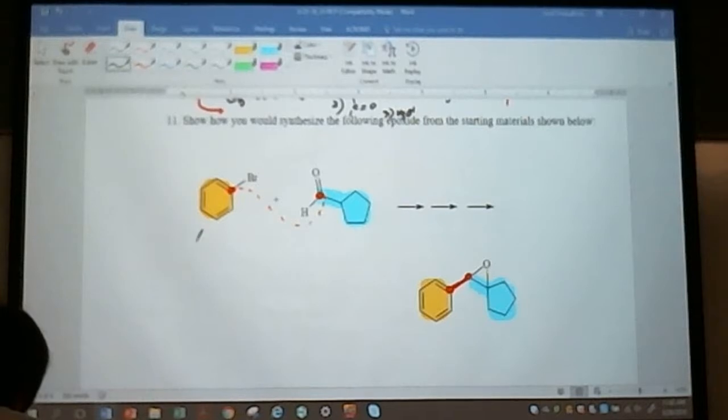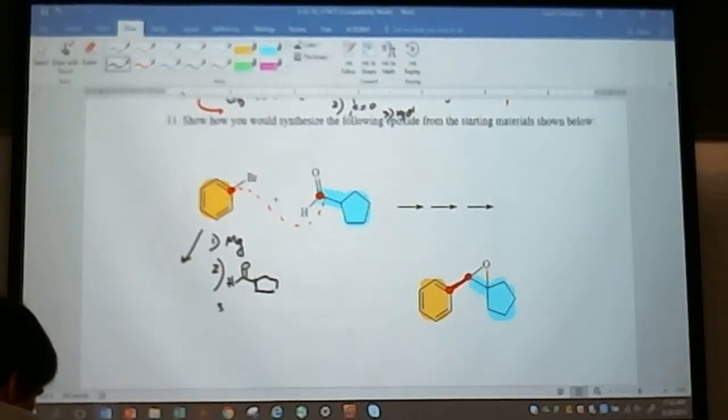I'm going to get this bromobenzene. First, I add magnesium. Then I'm going to add the aldehyde, to which the Grignard is going to add. And we're going to quench this.